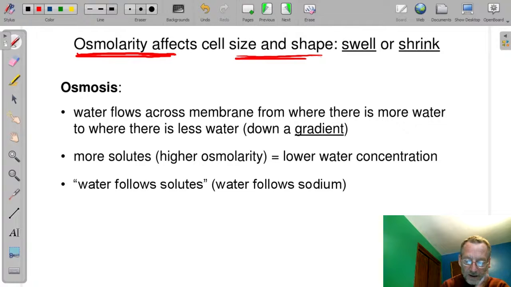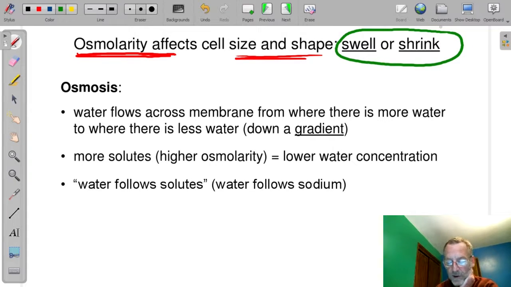And cells will either shrink or they will swell, depending upon the concentration difference of water inside the cell or outside the cell. So, as we've done before, osmosis is defined as water flowing across a semi-permeable membrane from where there's more water to where there's less water, down a gradient.